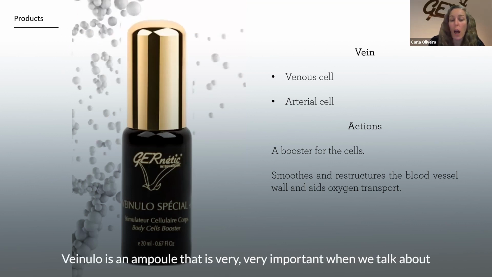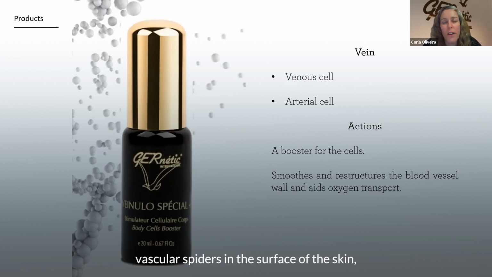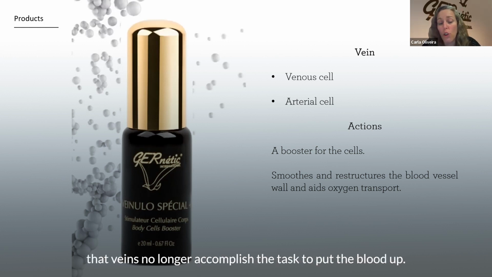Veinulo is an ampoule that is very important when we talk about vascular spiders and the surface of the skin, or when we have a dilatation in the venous system, where the veins no longer accomplish the task of putting the blood up.